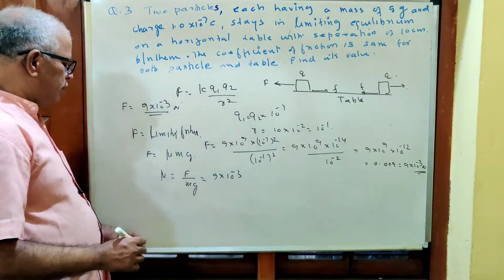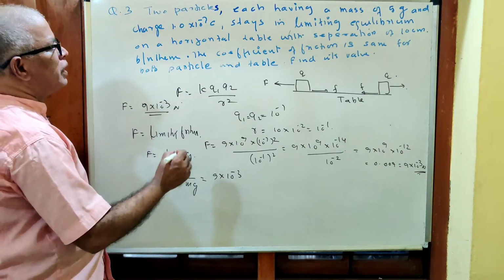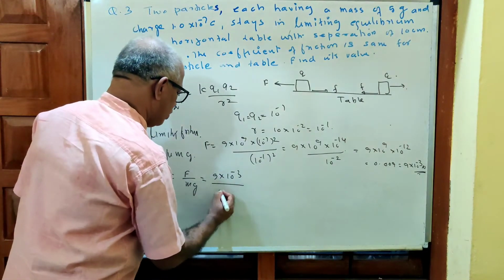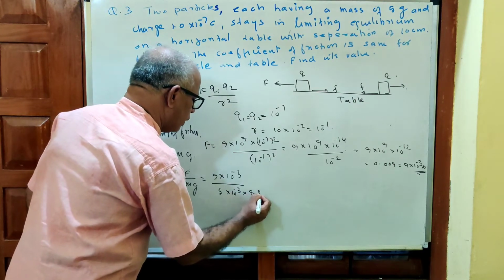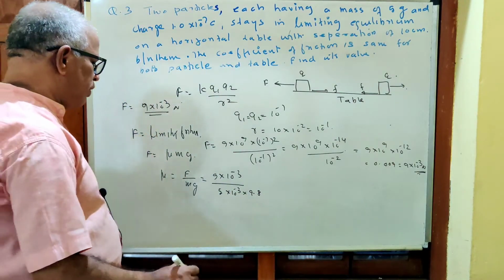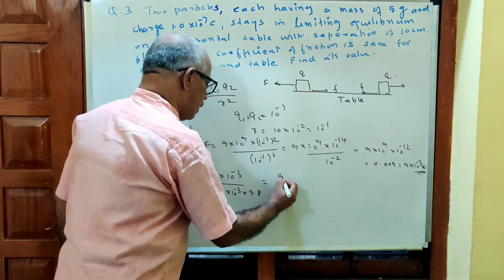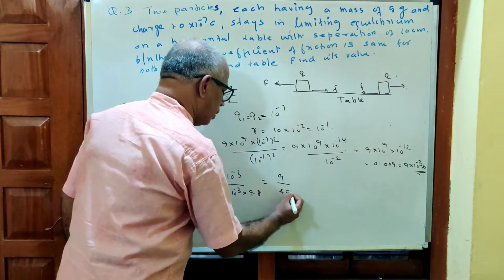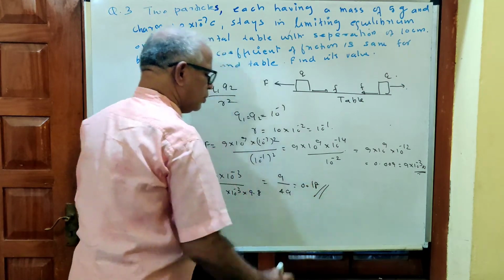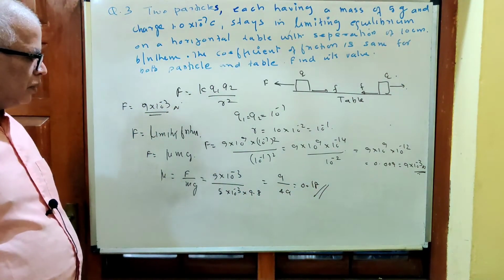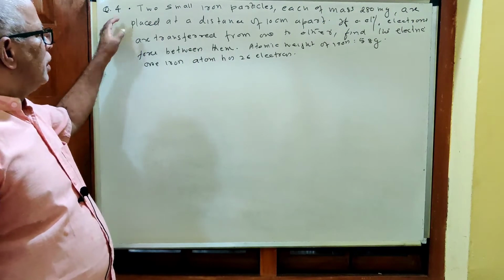What is m? m is equal to 5 into 10 to the power minus 3 into 9.8. That is, you must be knowing it, 9 by 49. It is nothing but 0.18.